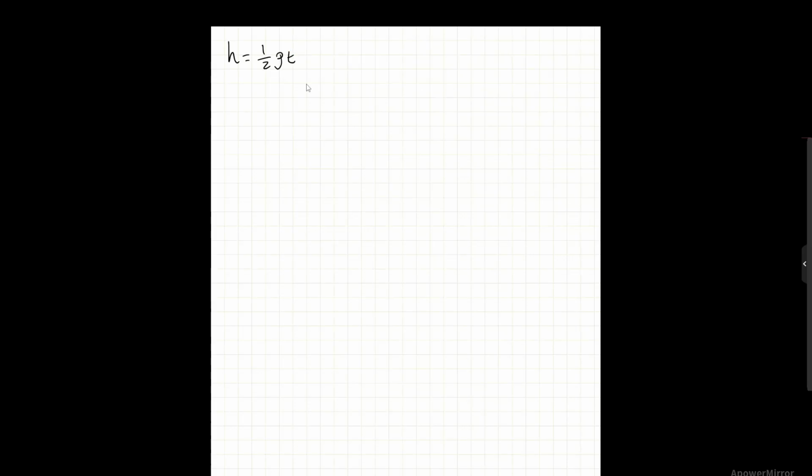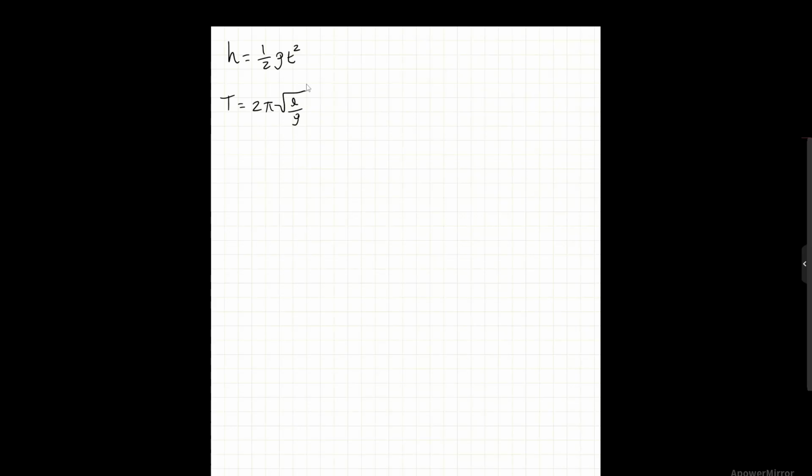We did the same thing for the period of the simple pendulum, where the period is equal to 2 pi square root of L over g, so we were trying to find that power of 1/2. Now what we're trying to do is understand the proportionality constant.